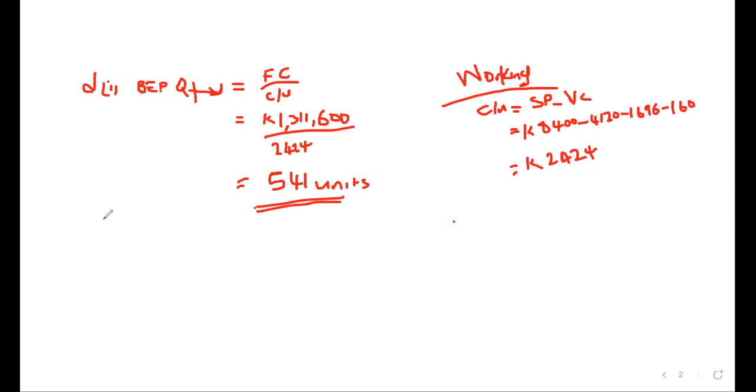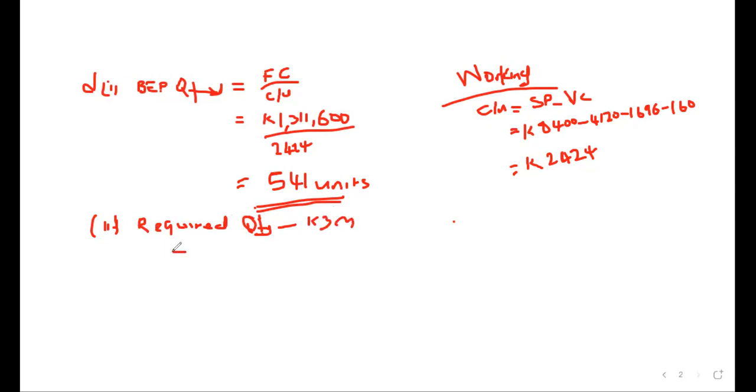So quickly, let's do the last part, which is the required quantity to make a target profit of 3 million. So the required quantity now will be the required quantity to make 3 million profit.